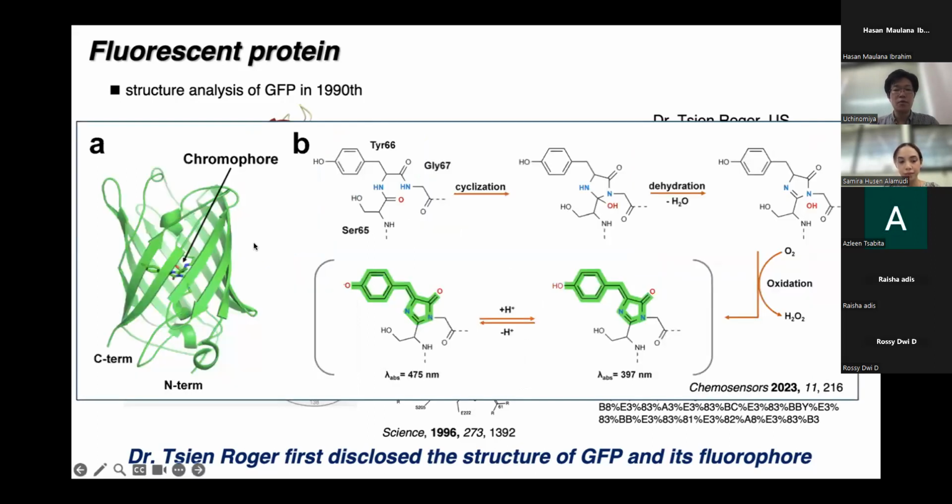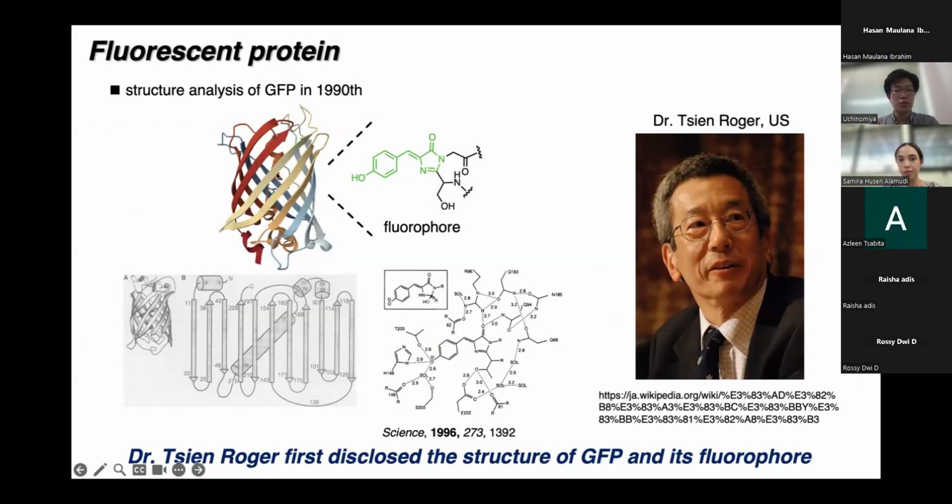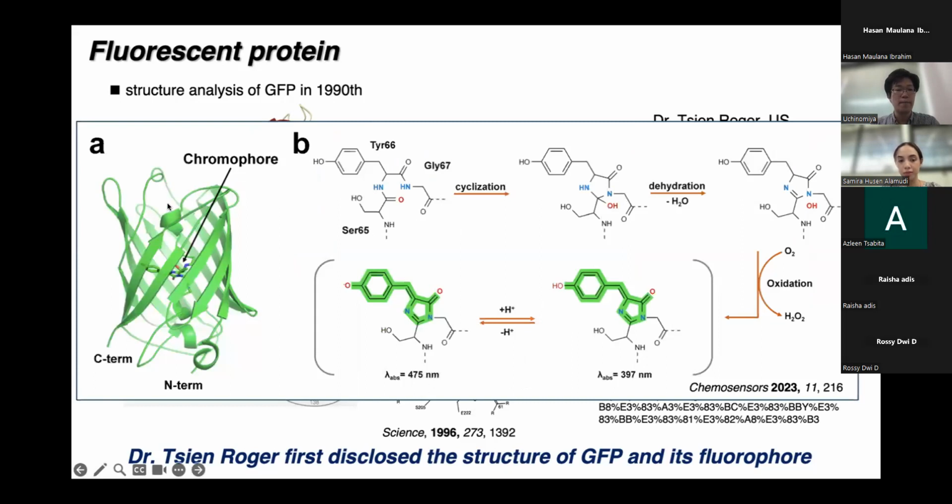Okay, the mechanism of the formation of the fluorophore is shown here. Inside the beta barrel structure, there are 3 amino acids, and this nitrogen in an amide bond intramolecularly attacks this amide bond, and after cyclization, dehydration, and oxidation, this fluorophore forms.